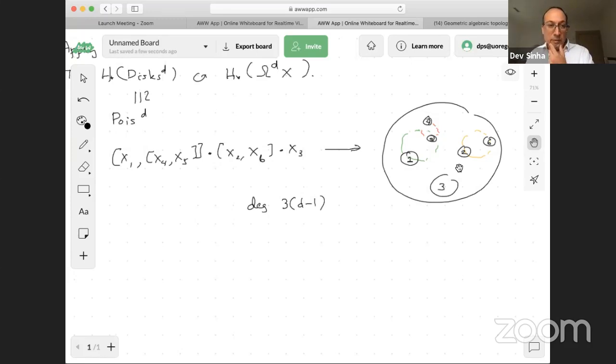So this is one of the significances of that calculation that I indicated in the catch-up lecture, that the homology of the disks operad is the Poisson operad. Let me make a remark. So intuitively, this is pretty clear.